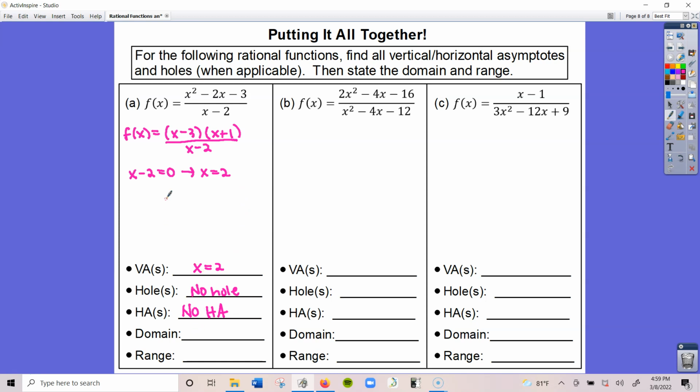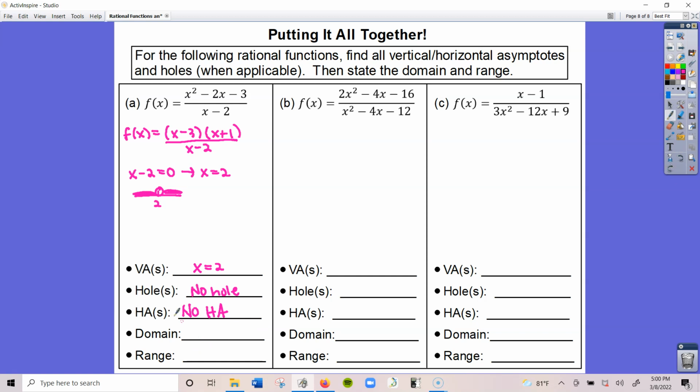Now for my domain. My domain is restricted by the vertical asymptote and any holes, but I don't have any holes. So my domain is going to be all of the numbers except for the 2.